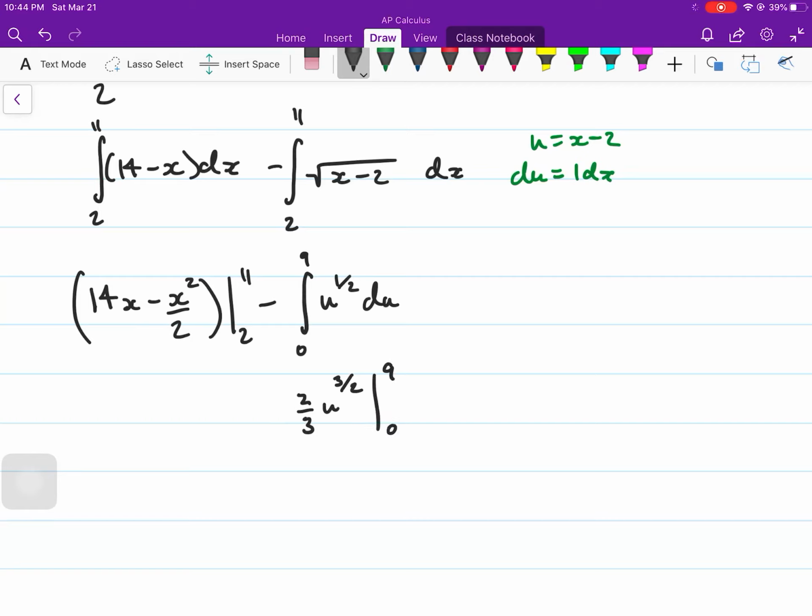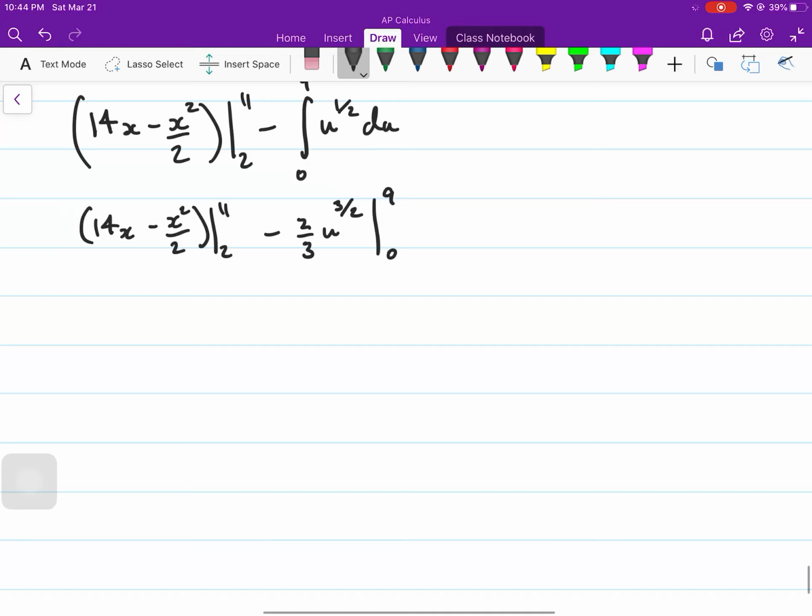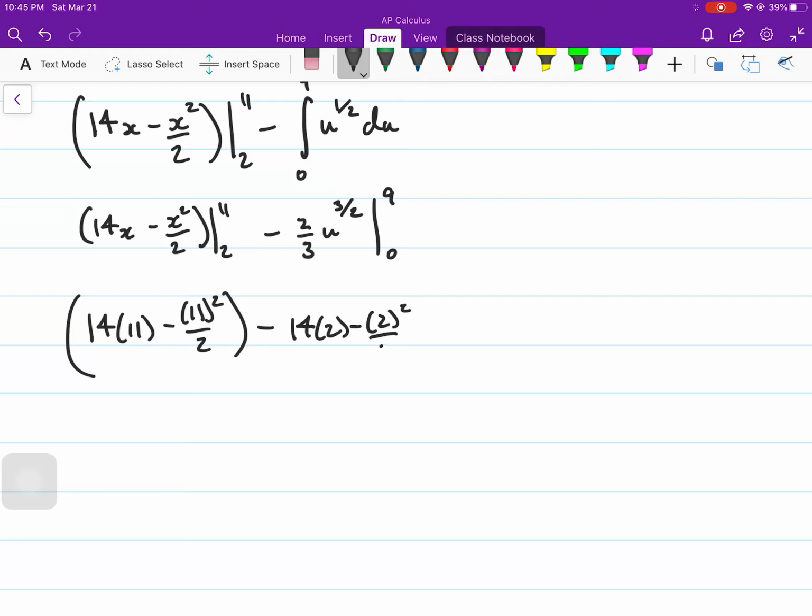Let's minus that, and then over here, we're going to have that 14x minus x squared over 2 from 2 to 11. Let's go ahead and plug this in. So we're going to have 14 times 11 minus 11 squared over 2 minus 14 times 2 minus 2 squared over 2.